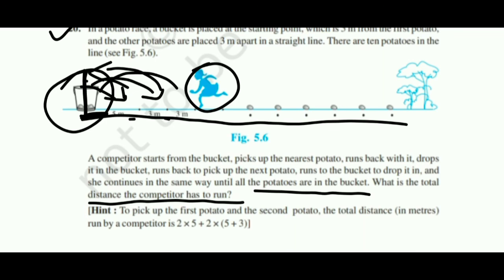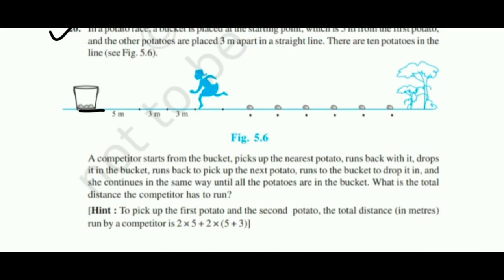See, what is the distance of potatoes from the bucket? First potato is at a distance of 5 meters. What about the second potato? 5 plus 3 meters, that is 8. Then third potato is at a distance of 8 plus 3, that is 11. Again, what about the next potato?